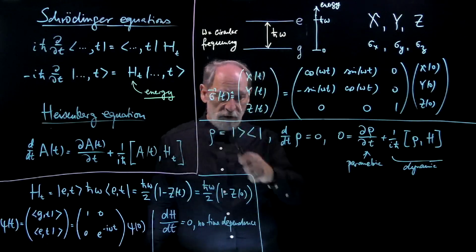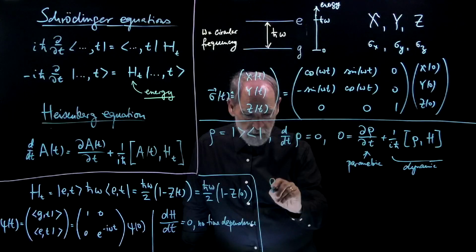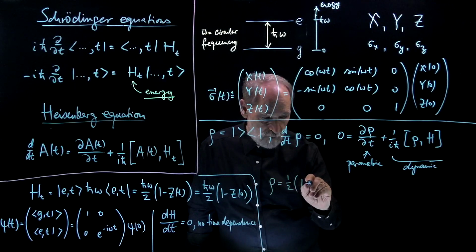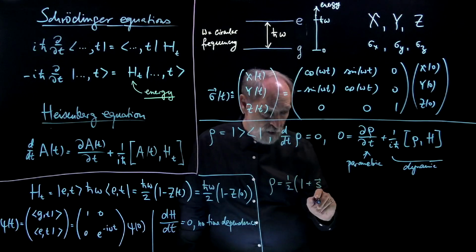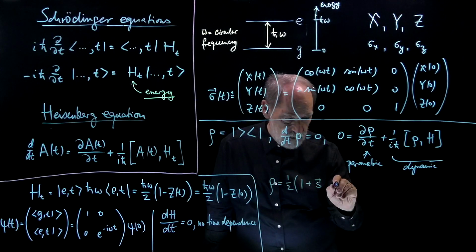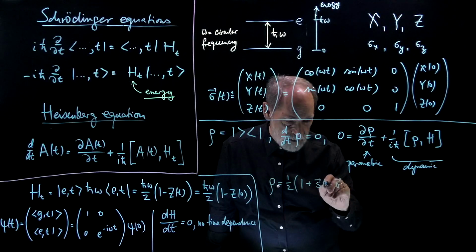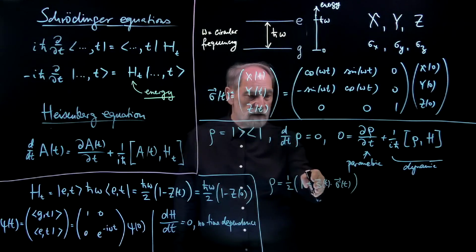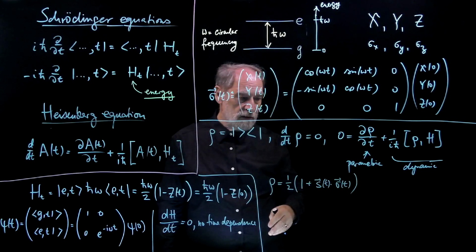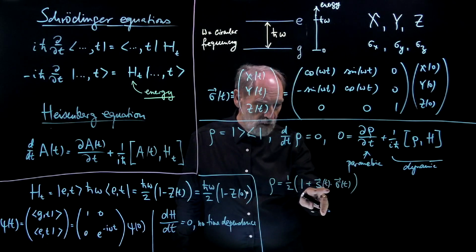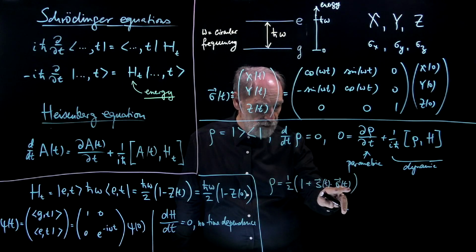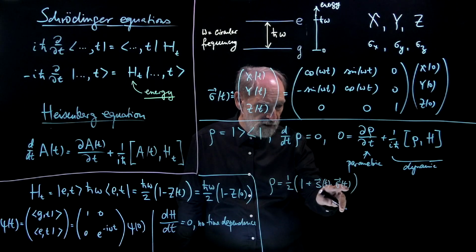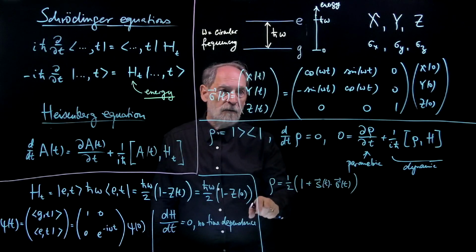Well, the statistical operator for such a two-level system, such a qubit as we know, is half the identity plus the Bloch vector times the Pauli vector operator. Now these are quantities that depend on time. And so if there is no total time dependence, then the time dependence of the Bloch vector and the time dependence of the Pauli vector operator, they have to compensate for each other.